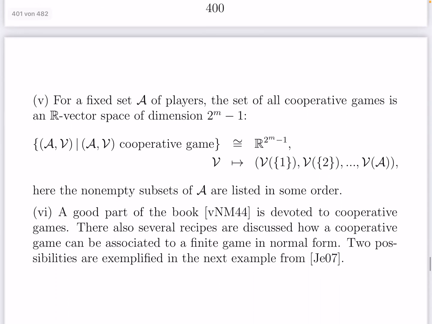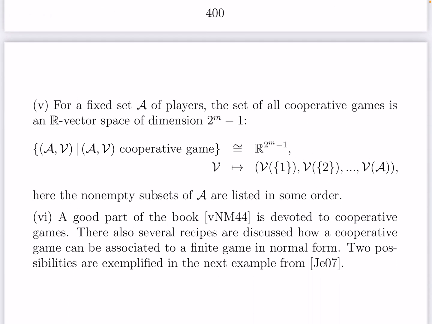So now a basic technical remark. If you have a fixed set A of players 1 to m, then the set of all cooperative games is isomorphic to R up to 2^m minus 1. This is of course an R vector space of dimension 2^m minus 1, but the vector space structure is not really important.